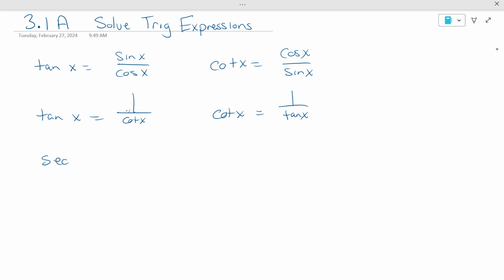And that the secant of x is equal to 1 over the cosine of x. And the cosecant of x is equal to 1 over the sine of x.